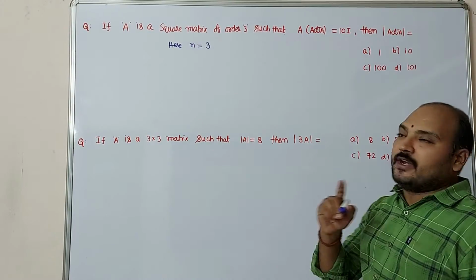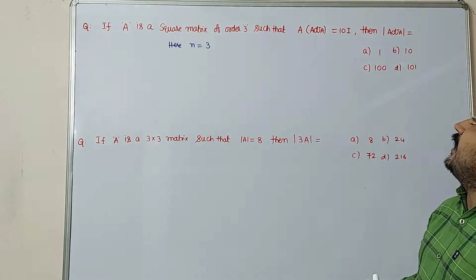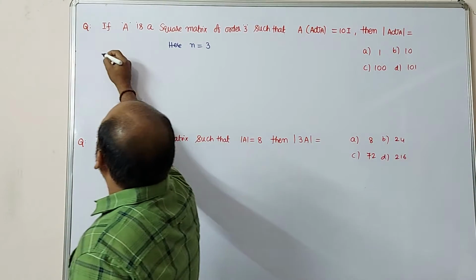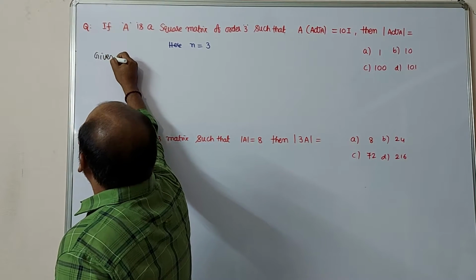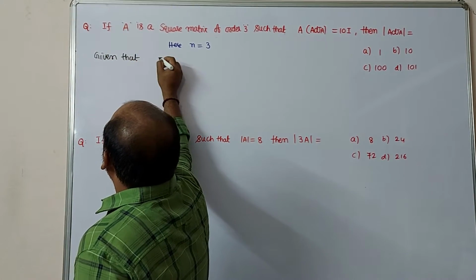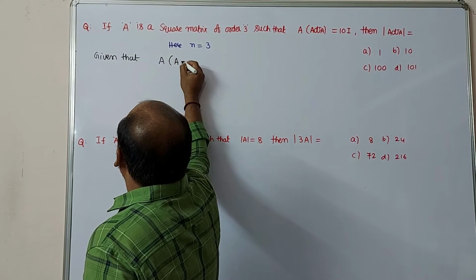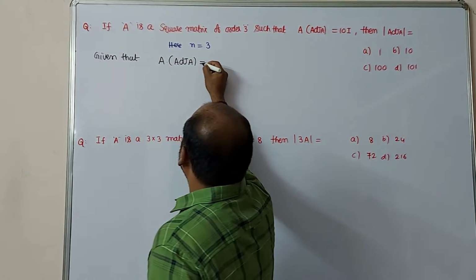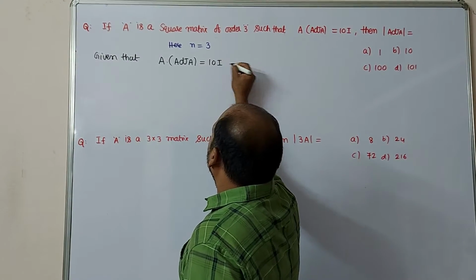And one more important result you have to remember. Given that A into adjoint A is equal to 10I.